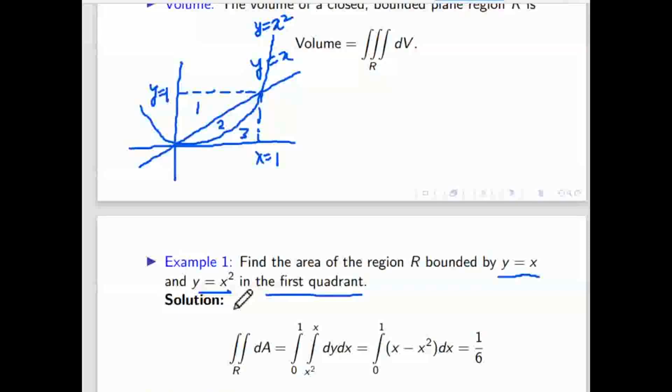So region 2 is bounded by these two curves. This means we have to find the area of region 2, so 1 and 3 are not the region.